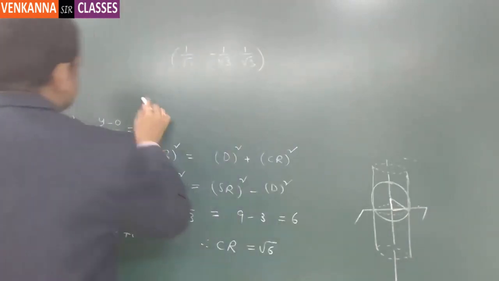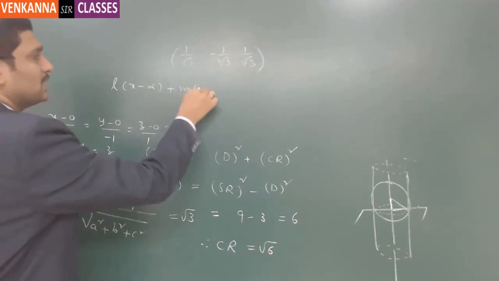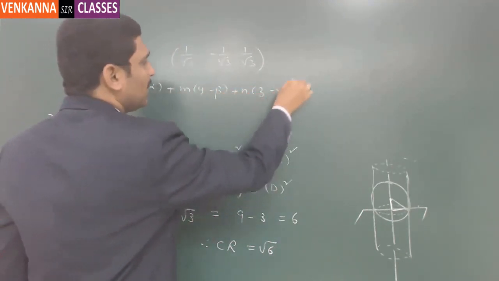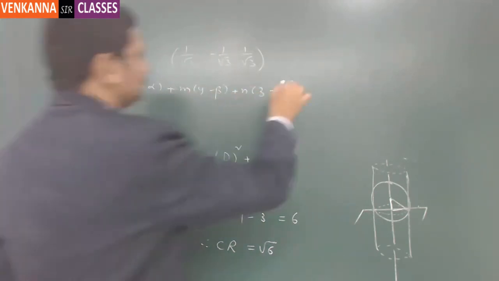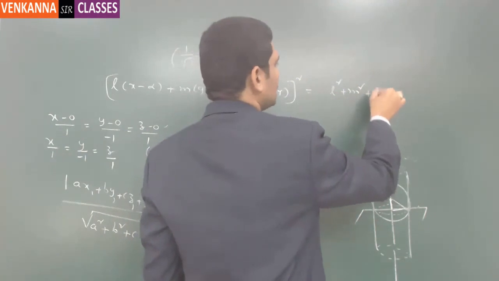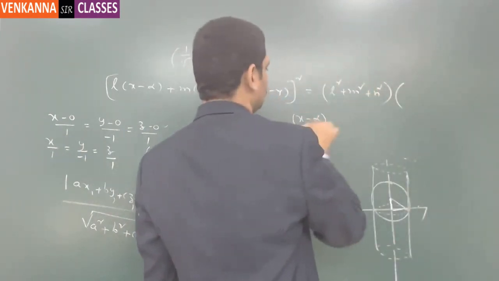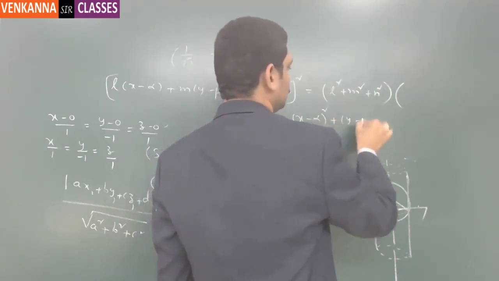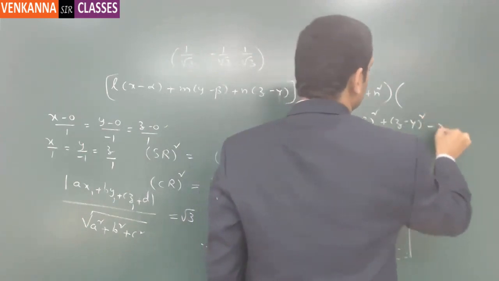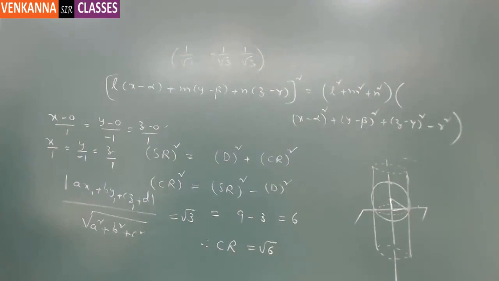So the equation is L into x minus alpha plus m into y minus beta plus n into z minus gamma whole square equal to L square plus m square plus n square into this is the value.